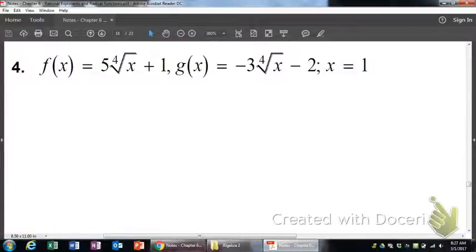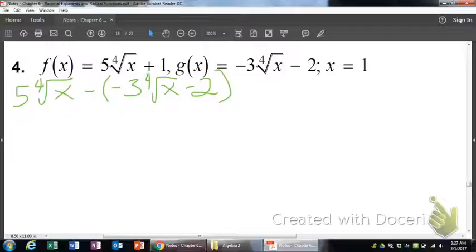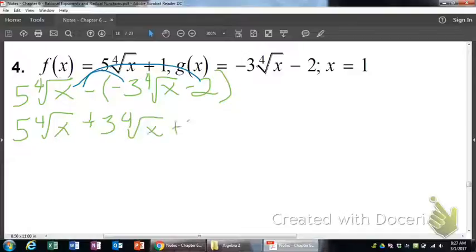So, for f of x minus g of x, that's going to be 5 fourth root of x plus 1 minus negative 3 fourth root of x minus 2. That means my first step is to distribute this negative sign to both terms. So when I distribute that negative sign, I have 5 fourth root of x plus 3 fourth root of x plus 2.